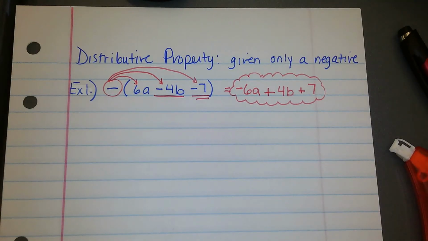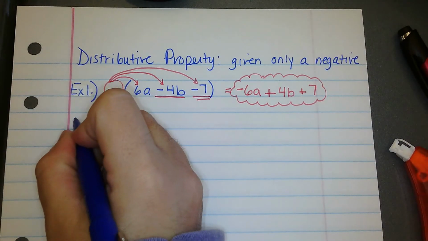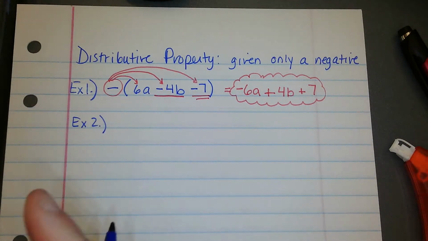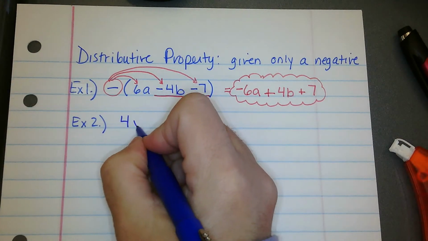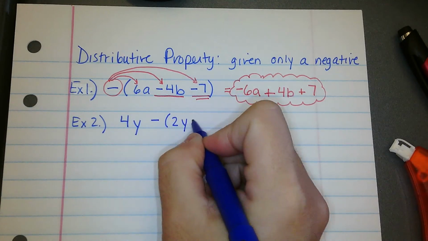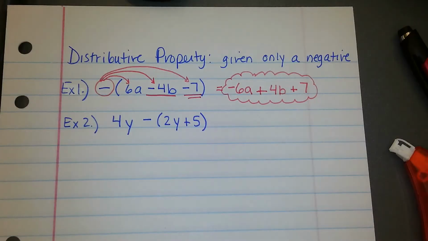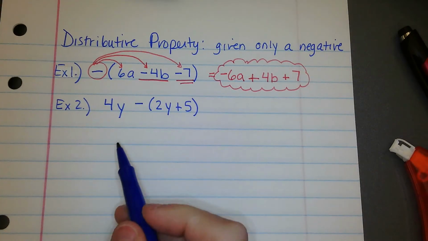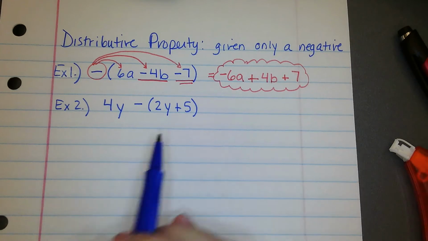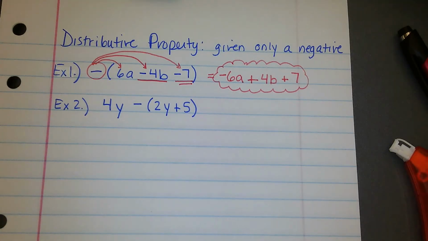Let's take a look at another example. This one, not so obvious. It's easier when it's just the first kind, but when it's inside another math problem, it can look a little strange. Make sure you're ready for it. Here's our second example. See how there's a 4y here, and then a minus, and then a parenthesis? Well, this indicates distributive property.